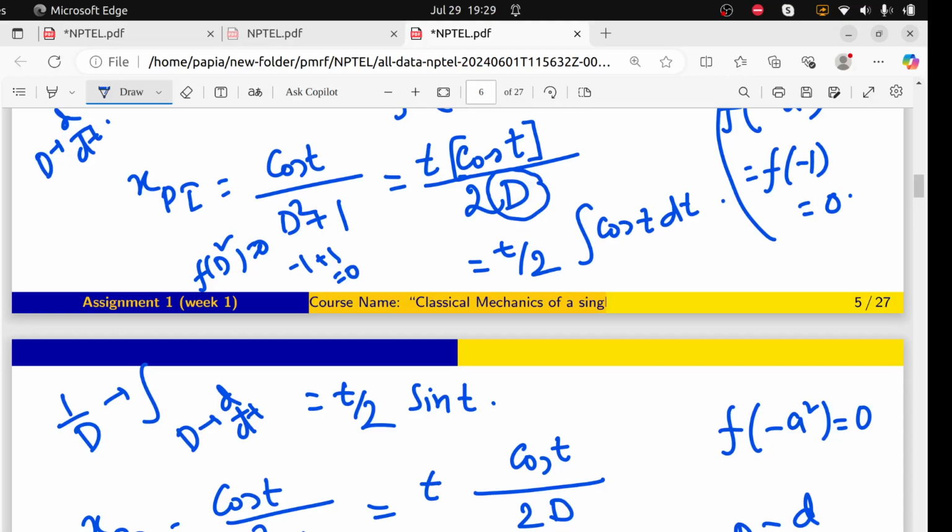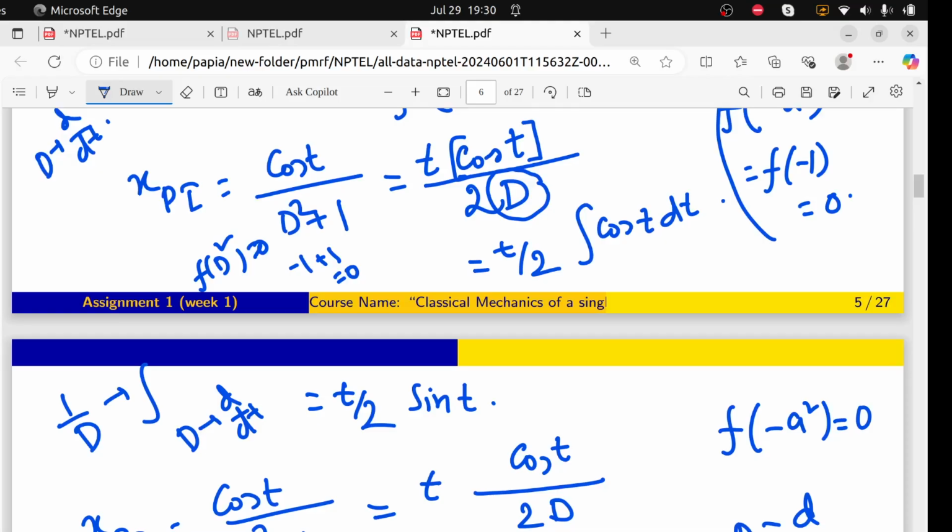That's it. Oh, okay. So f of d square means I thought like we must substitute d square again. No. If it was like, but right now d square is no longer here because there is only d. There is no d square. If there was some d square like thing, then I have to again put d square equals to minus a square, and I have to check that this one is coming as 0 or not.